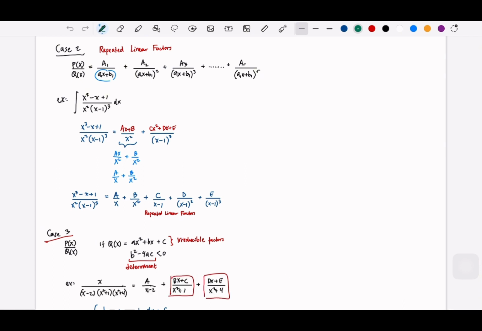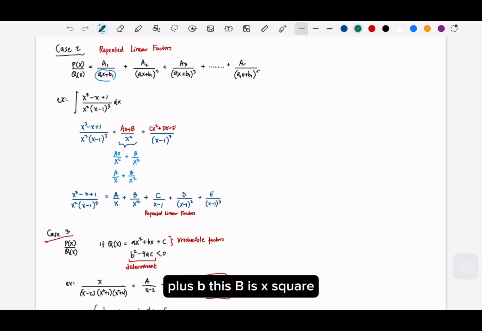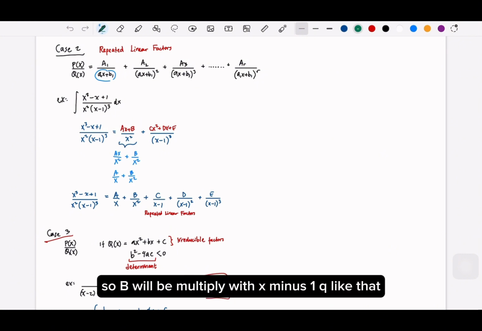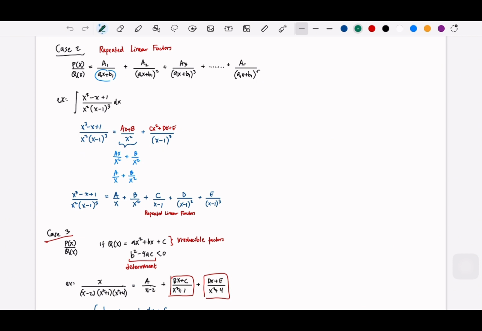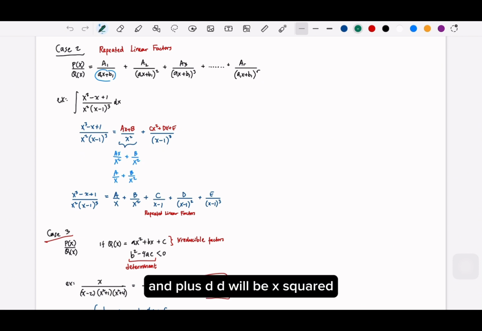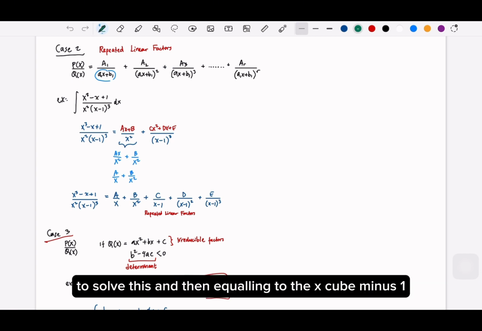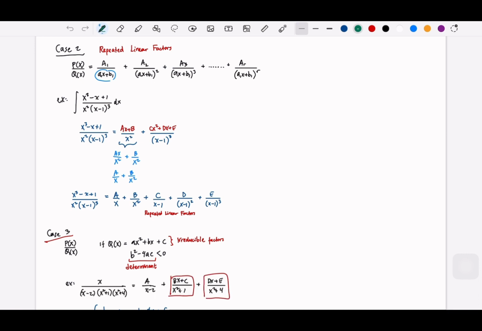And then plus b, because b is over x squared, so b will be multiplied with x minus 1 cubed, like that. And plus c will be that. And plus d will be x squared, x minus 1, and plus e, and e is x squared. So we are going to solve this, equaling x cubed minus x plus 1.